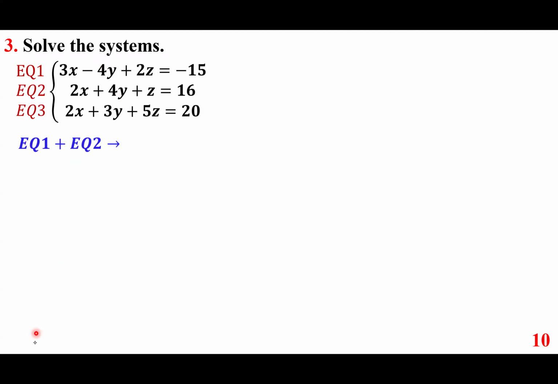So just add them up. Add these two. This becomes 5x, they go away. This becomes 3z, they become 1. So that's a new equation, and we're going to call it equation number 4. Just give it some number, equation number 4.